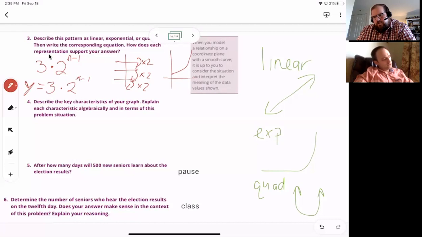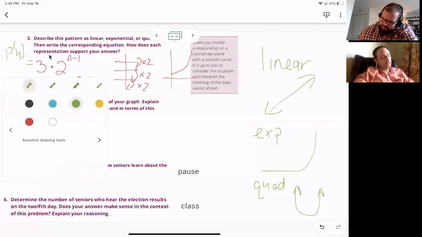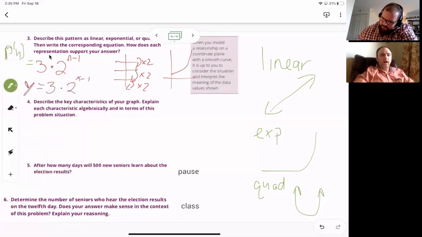You could also have written it up here as P of n, where n is the number of days and P is the number of people. It doesn't matter. I think the y and the x is probably an easier thing to approach. But I do like that we wrote it both ways. I think that's helpful for us to talk about.